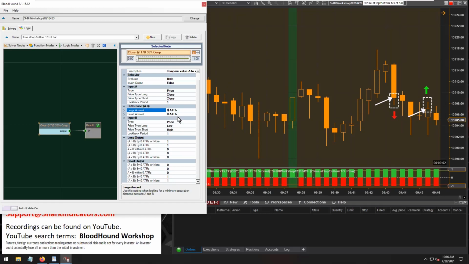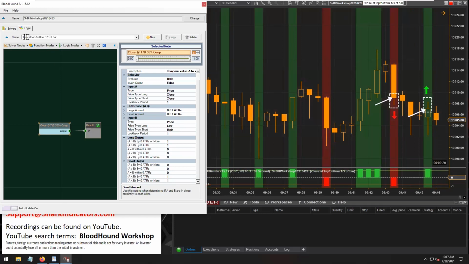So the last step here is we need to put in the difference amount. If you're looking for the closing price to be within the top third or maybe the top quarter, the top third would be 33%. So we're going to take 100% minus 33%.